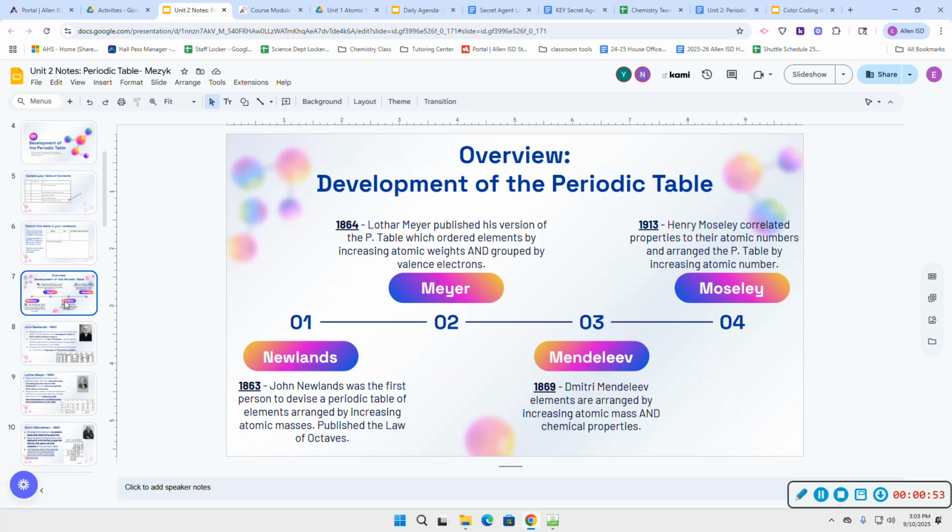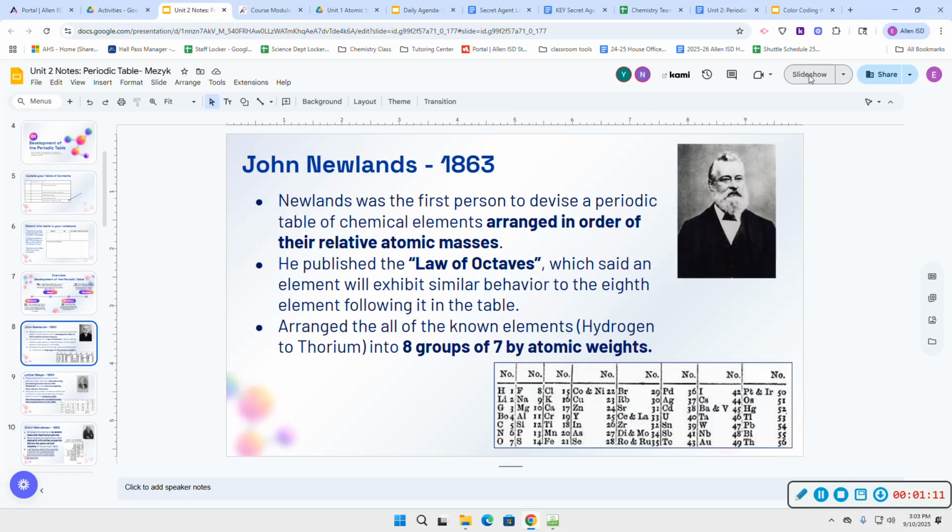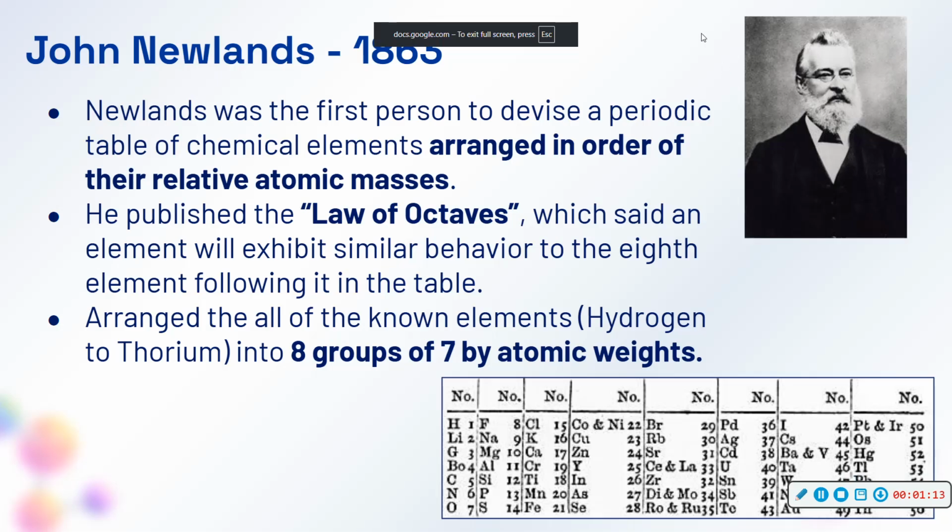Okay. All right, so we have 4 different scientists that we're going to be walking through, and this slide here just provides an overview of the year that they came up with their table, and then also the description of what their table looked like. So we're going to go ahead and get started with John Newlands, who is our first scientist, and he arranged the periodic table in order of their relative atomic masses.